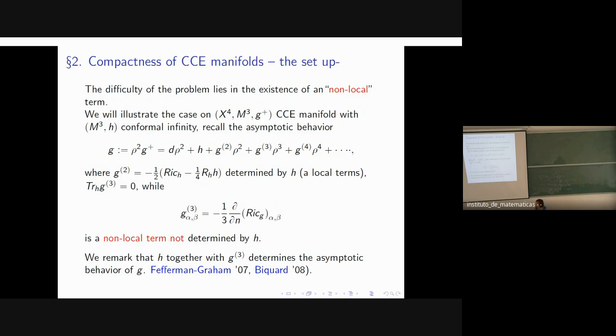Under what condition is it conformal? Before I say that, h together with g₃ determine everything. Once we know h and g₃, then we know the entire expansion of g. So this is the only missing information which we try to capture.